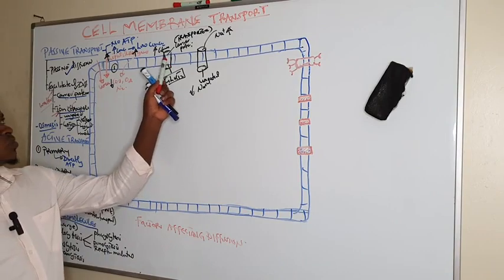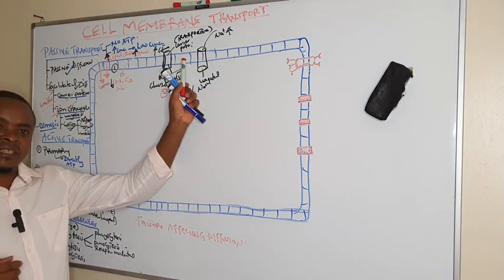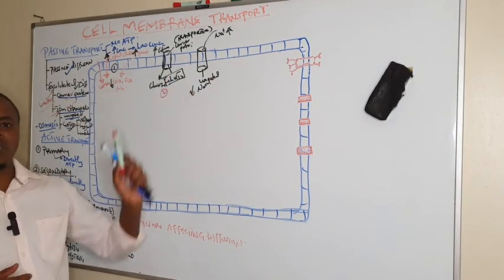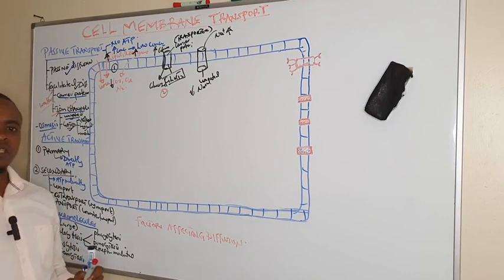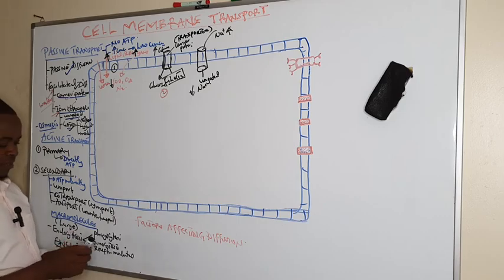The substances we carry by facilitated diffusion are water soluble components, or they are ions, so they cannot cross the cell membrane.